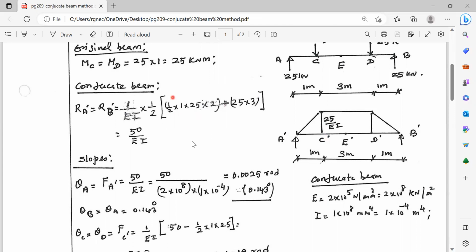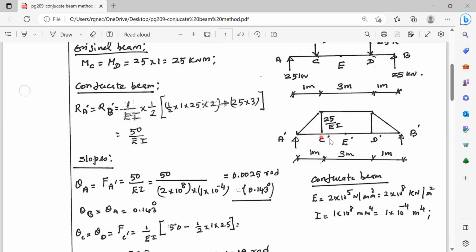We will calculate the total load. Total load means here you have one triangle, here you have another triangle, 2 times. So that is 1 by 2 into 1 into 25 into 2 triangles plus 1 rectangle, that is 25 into 3. This is the total load, into 1 by 2 into 1 by EI, which is the common factor. Therefore, RA dash is equal to 50 by EI.